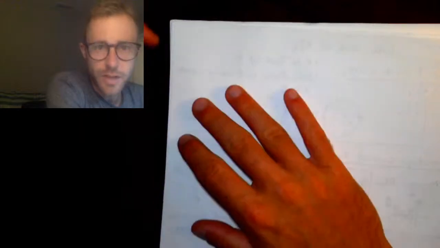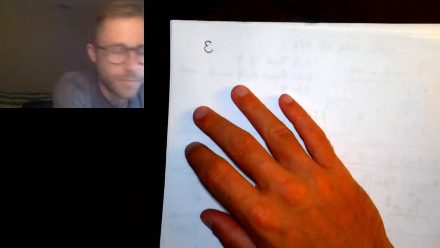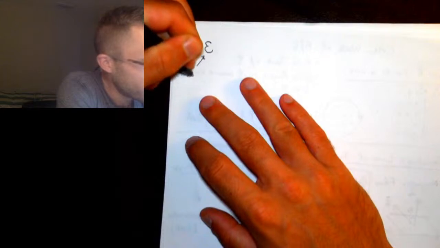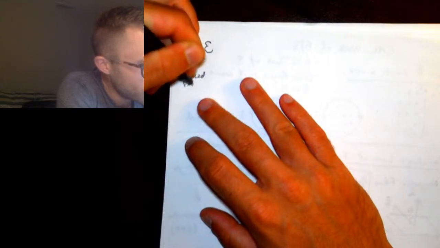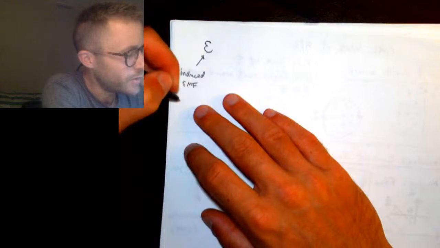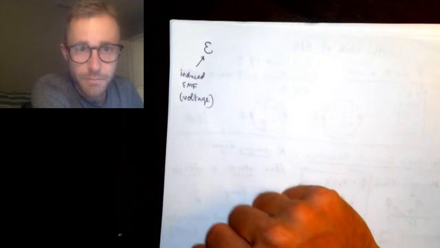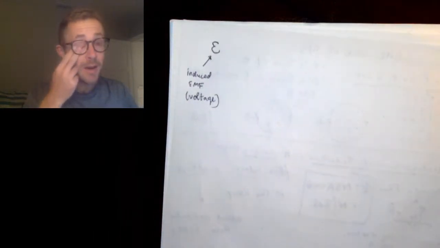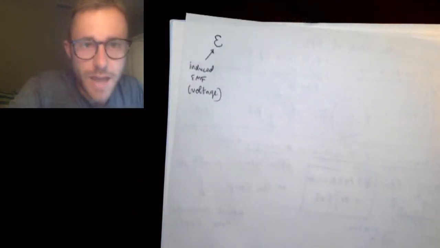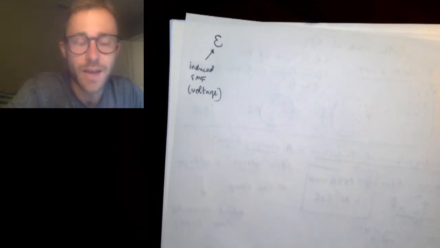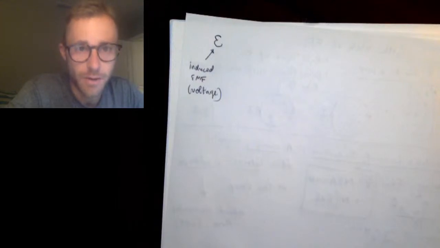Okay, so let me actually state Faraday's law of induction. There's a symbol, curly E, and curly E is the induced EMF. So remember, EMF is a voltage. So basically, this is the size of the battery. Even though there isn't really a battery in the circuit, the loop will behave as if there is a battery.